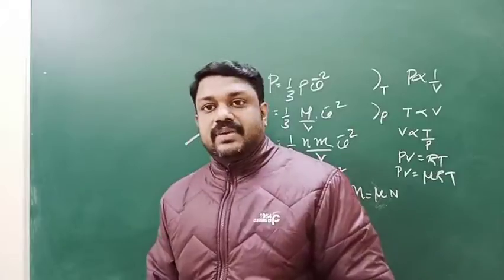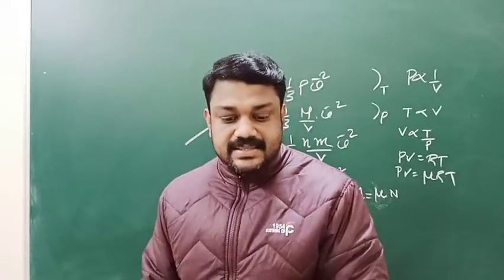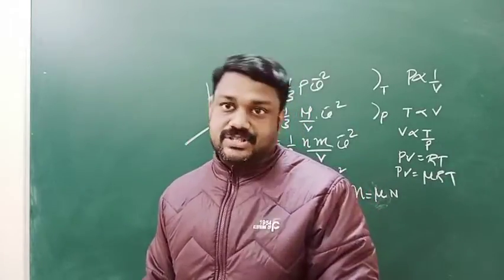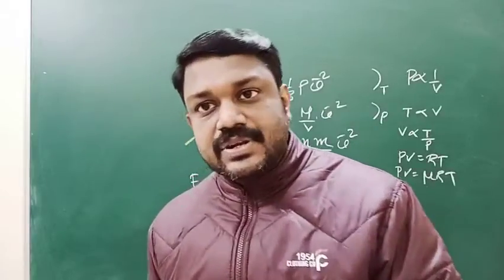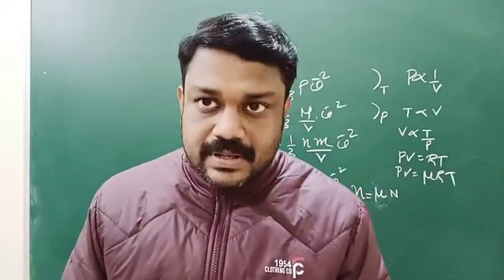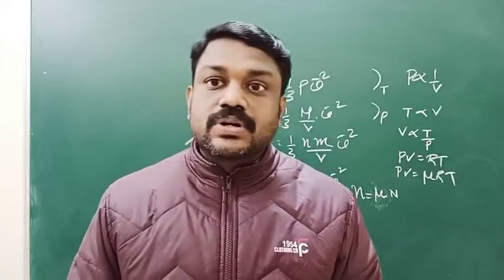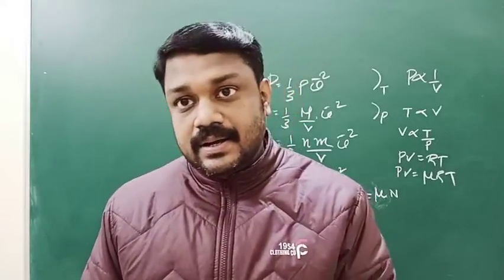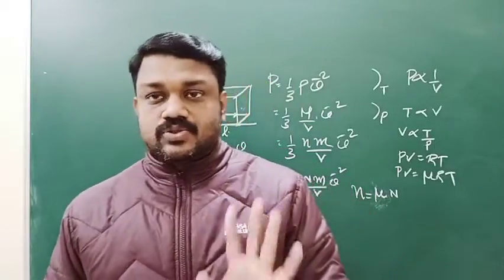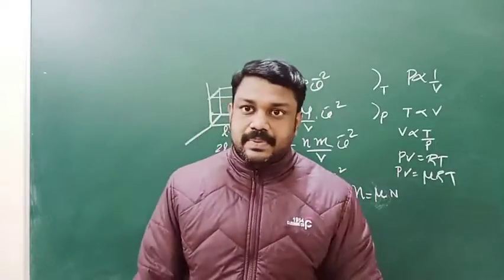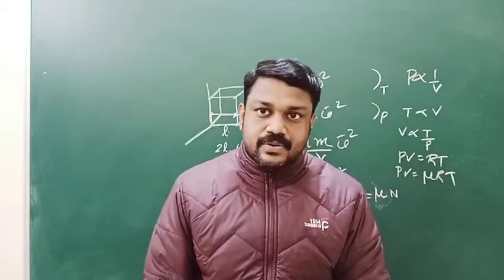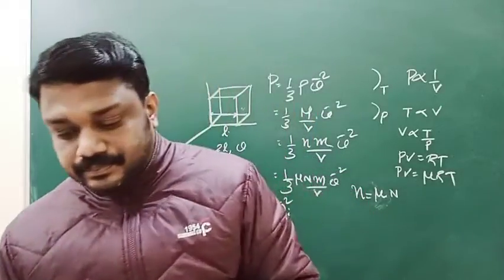What is the relation between RMS velocity and temperature? As the temperature increases, VRMS also increases, and VRMS is proportional to the square root of absolute temperature. So that is the kinetic interpretation of temperature.